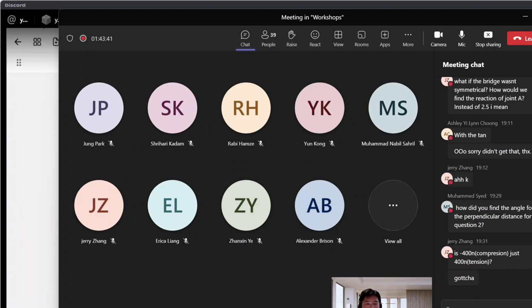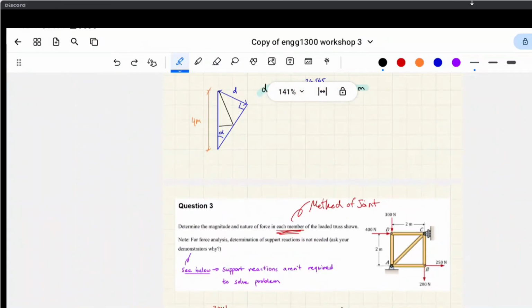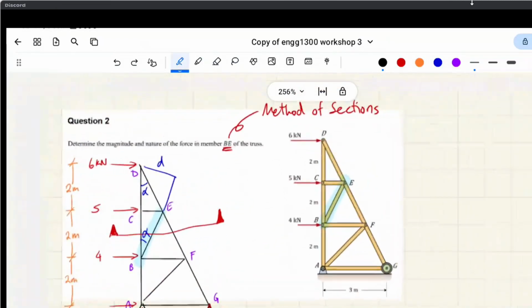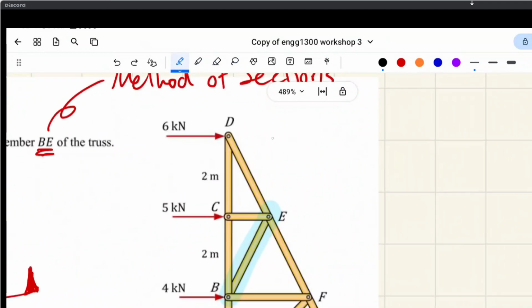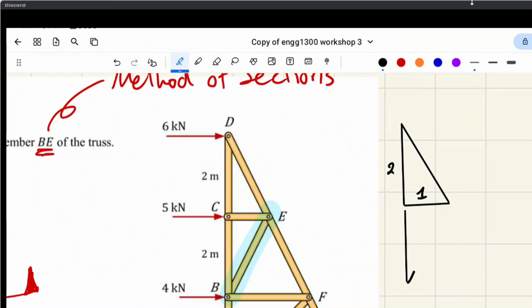Cool. And then how did you find the angle for the perpendicular distance in question two? So yeah, I kind of rushed this, sorry. Let's look at the original question here. We have a triangle that looks like this, 2, 1. So we actually know that these angles are the same, right?